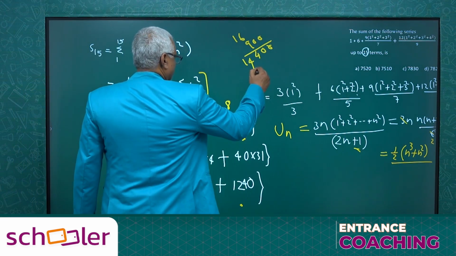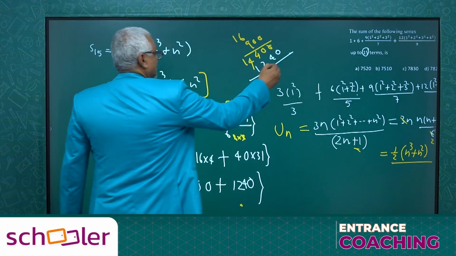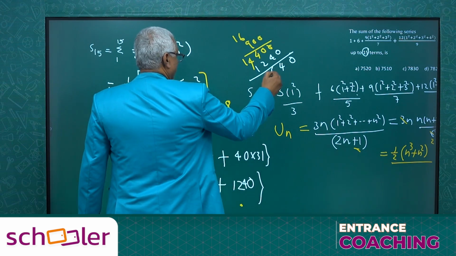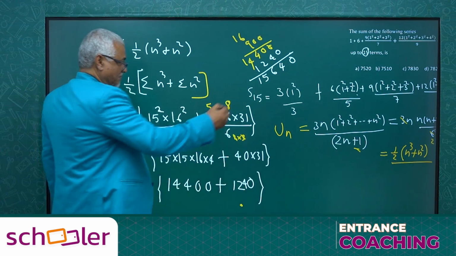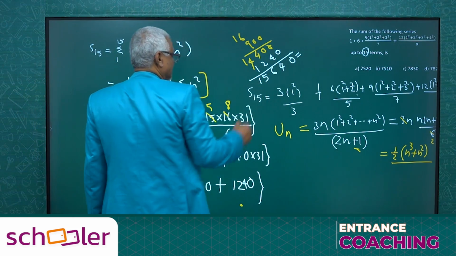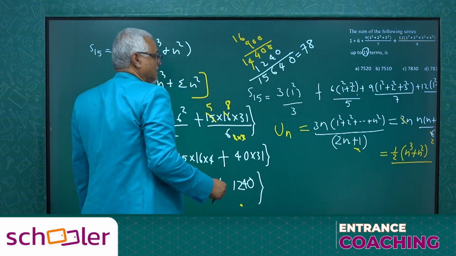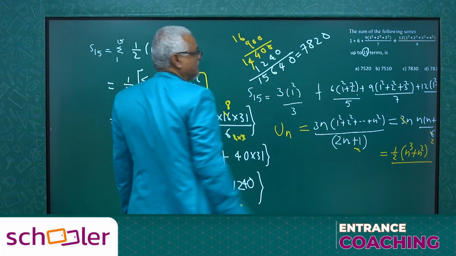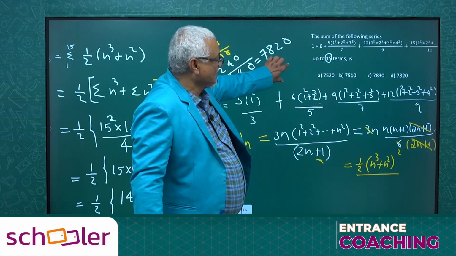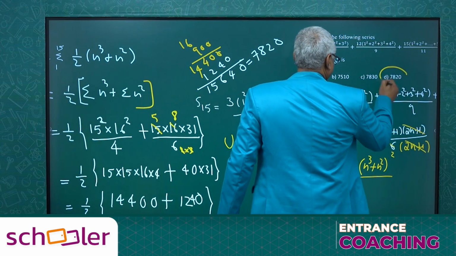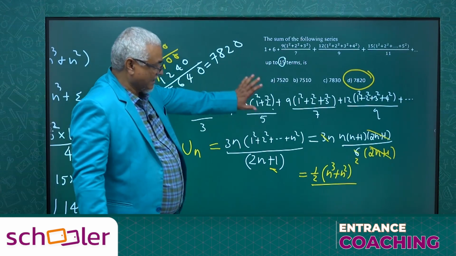We add 14400 and 1240, and we have a by 2. By 2 gives 7820. Where is the answer? Oh, of course, it is here. 7820.